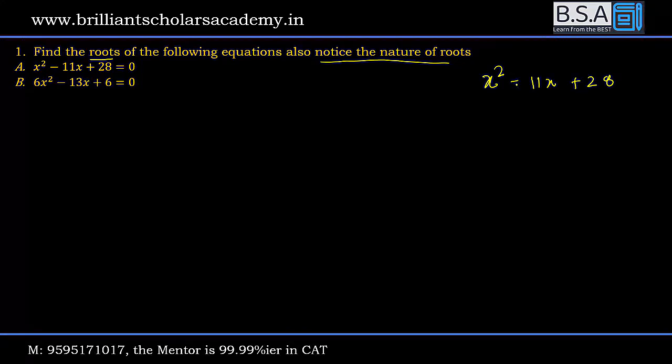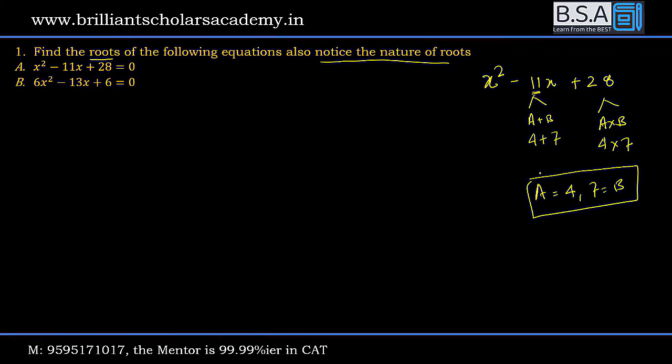If you look at this, don't look at the minus sign. The addition of two numbers must be 11 and multiplication of the same numbers must be 28. So by trial and error, you can see 28 is a multiple of 4 and 7. So 4 plus 7 is 11. So roots are 4, 7.